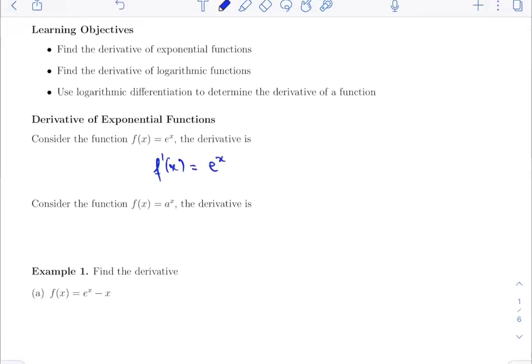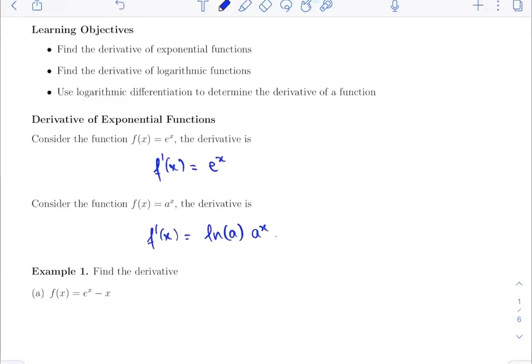In addition to that, if you have the general exponential function of the form a to the x, the derivative of this function is f prime of x equal to ln of a times a to the x. Now we're going to apply this formula to some examples.